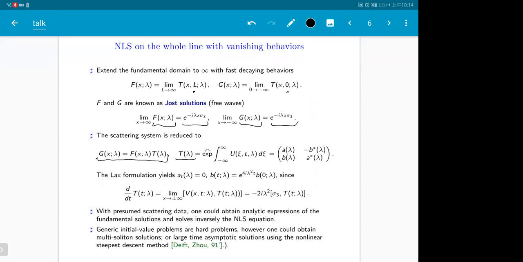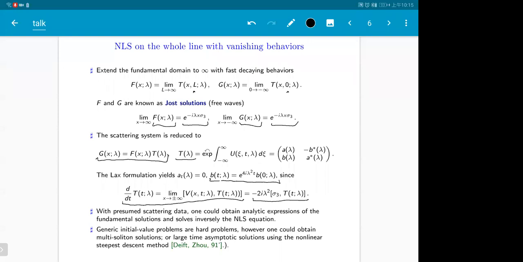and it has the Lax formulation. When x goes to infinity, we have the fast decaying behavior of the NLS field. Then the scattering data behaves quite simply. We have the A matrix, the diagonal part of the monodromy matrix, a constant preserved by the time evolution, and the anti-diagonal part acts in this way. So basically, we solve the ODE.